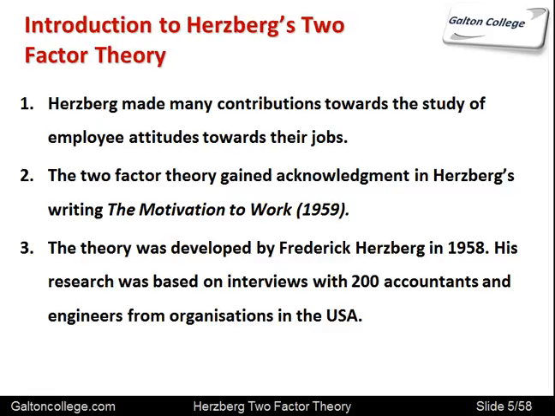So the two-factor theory emerged from an empirical investigation, a practical investigation, interviews with accountants and engineers in America about how they saw their work. And out of this, he induced the two-factor theory. He worked out the two-factor theory from the interviews.